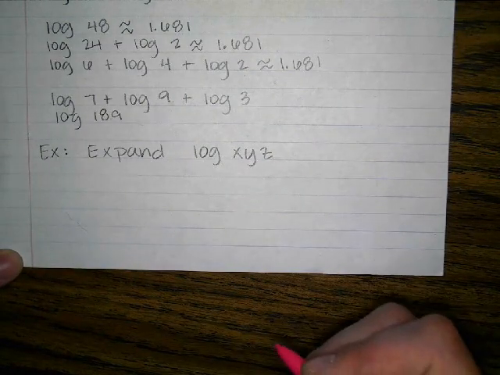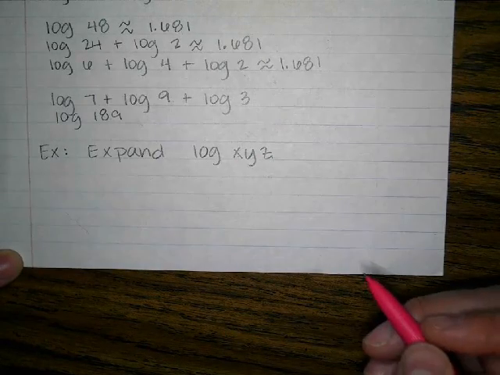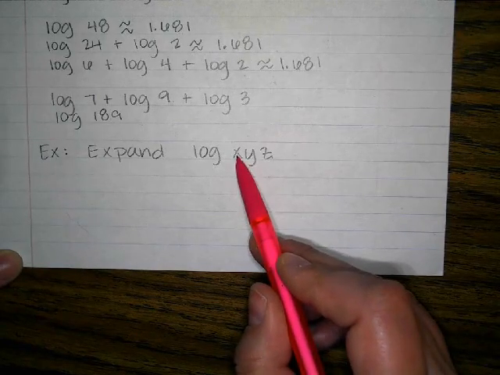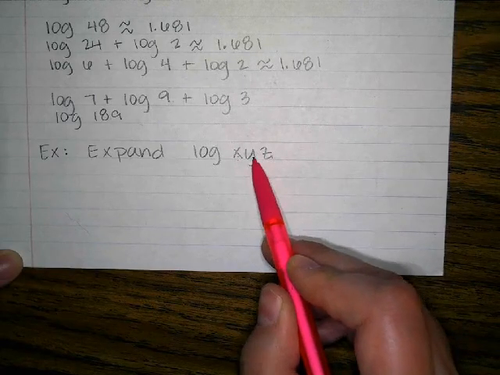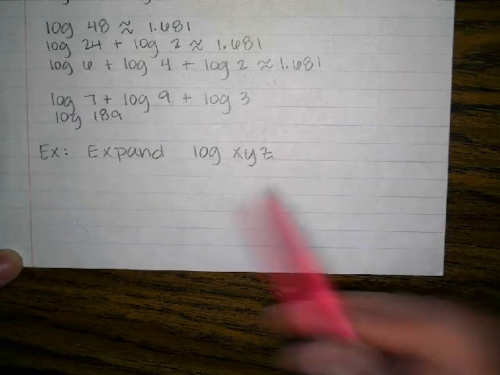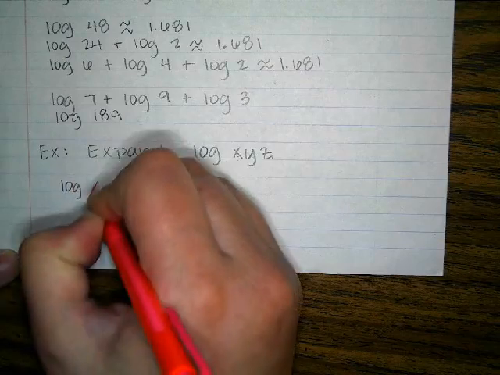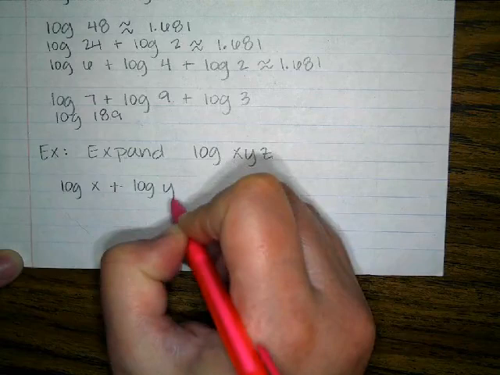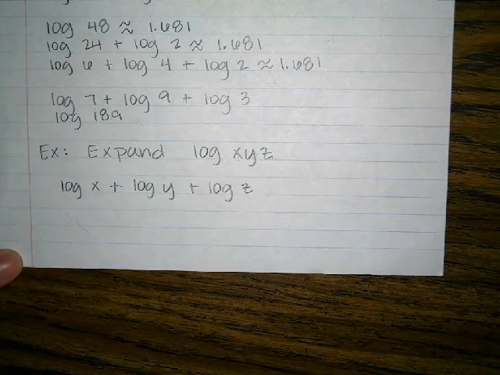So I can see 3 things that are multiplied together. So what I'm going to do is I'm going to write the word log 3 times. Log for the x, log for the y, log for the z. And then because these are being multiplied, there's going to be a plus sign in between each of them. So I would say log x plus log y plus log z. That's how I expand that out.